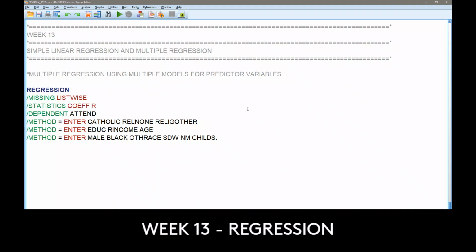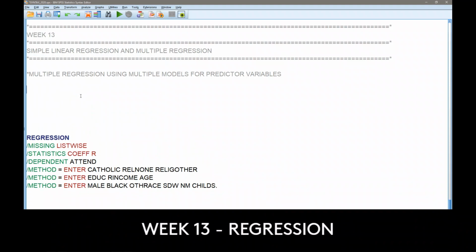Now, at the beginning of this semester, I explained to you guys the importance of control variables. I don't know if you guys remember this, but control variables are measures that researchers use to account for individual traits or characteristics, okay?